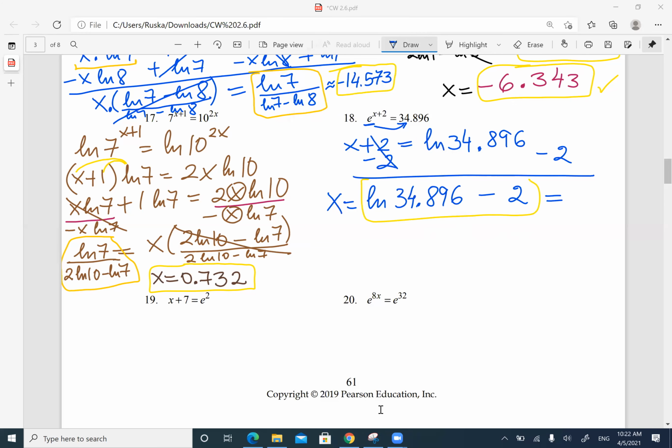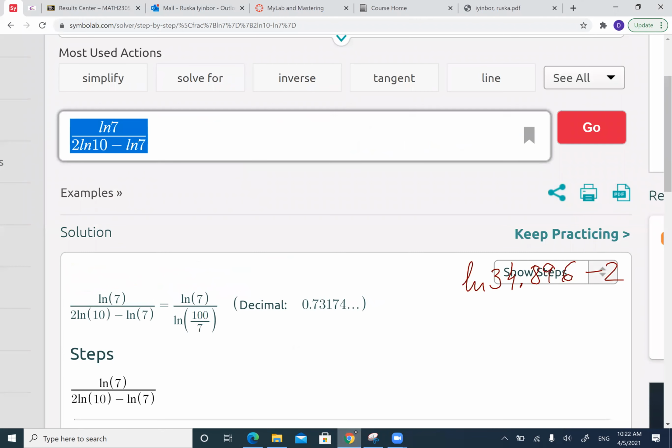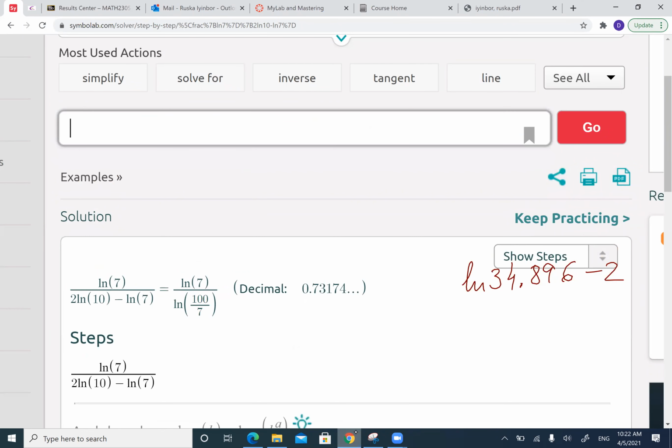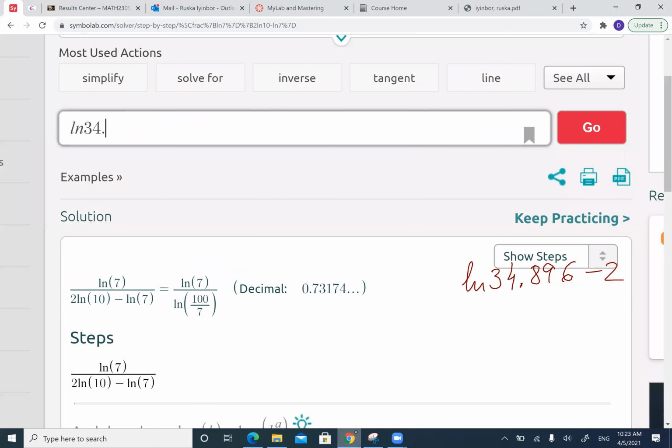And this is what you need to plug into the calculator. So I'm going to copy this again so we can have it on the screen. So it's ln of 34.896 minus 2. So that's what we're going to plug in. So in the calculator, we're going to delete all this and we have ln. So just type it in, ln 34.896 minus 2. Okay, that's it.